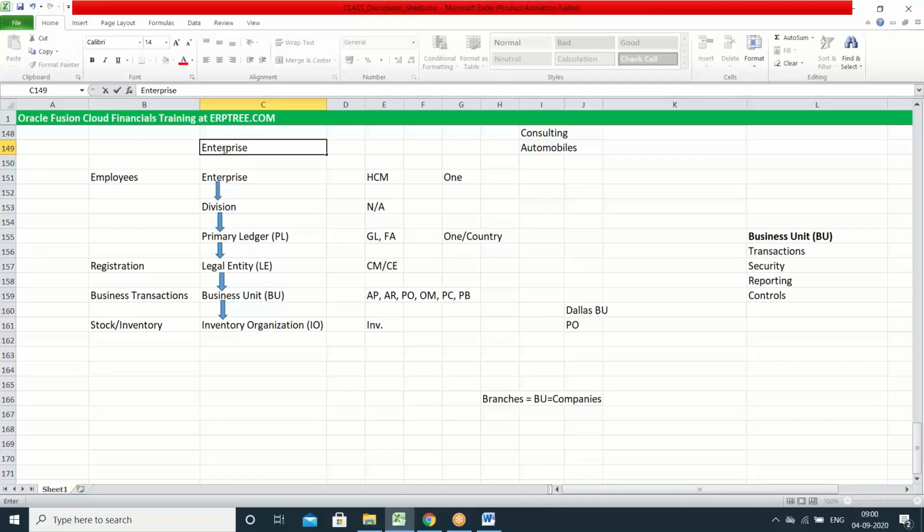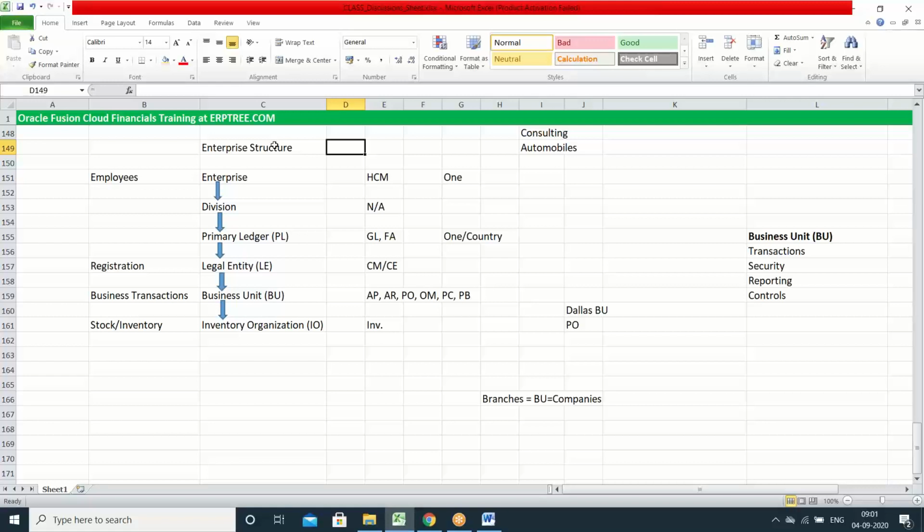Structure means top level enterprise, under it divisions, under divisions primary ledger, under primary ledger legal entities, under legal entities business units, under business units inventory organizations. So we maintain it in a structured manner. That is the reason we call this the enterprise structure as per Fusion applications.